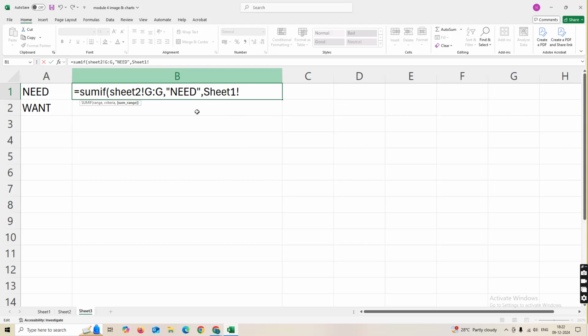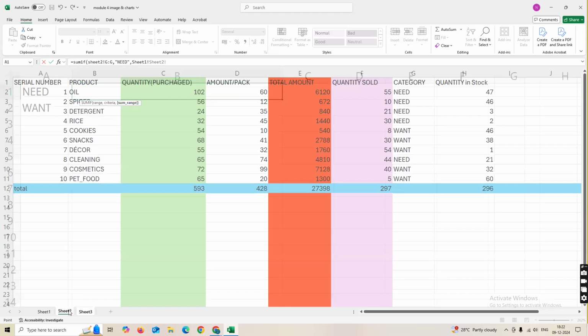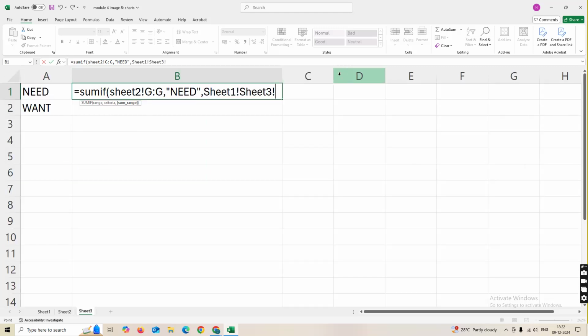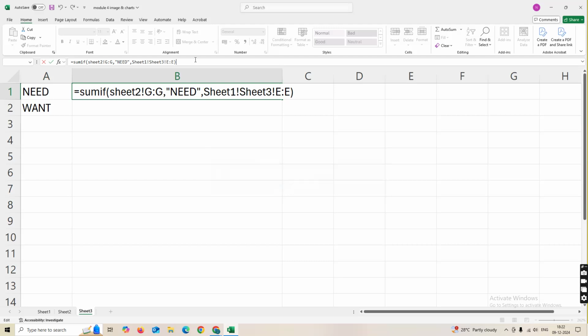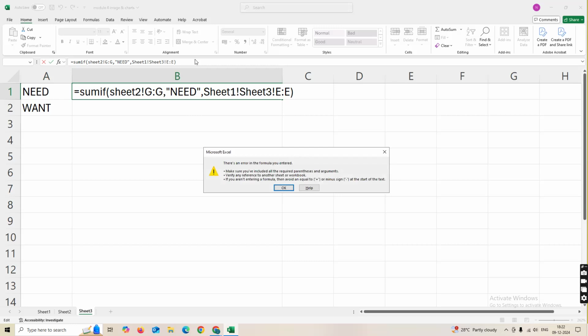I guess it was E. Yeah, E of E. It's actually narration. If sheet 2 means you are taking information from the G sheet.